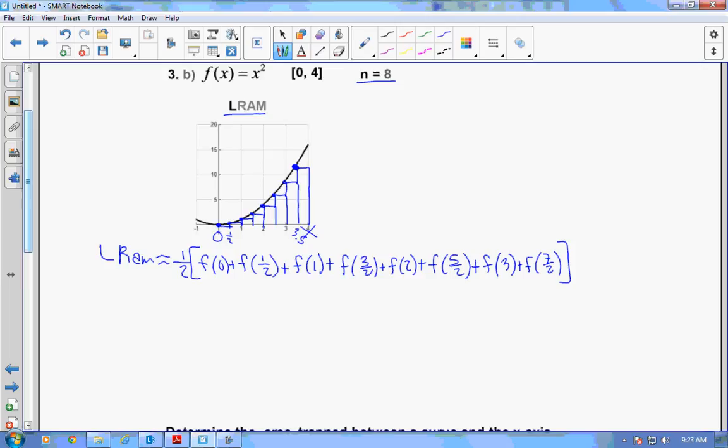And the function is above, so you can actually find the values of all those. F of negative 1/2 is just a quadratic.